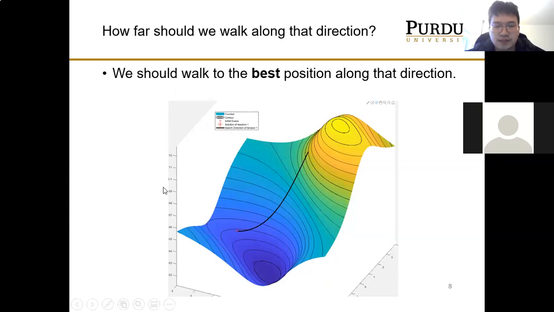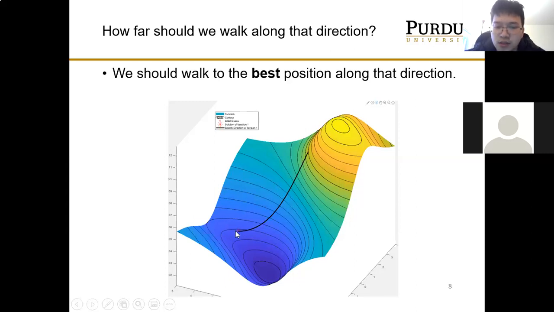But here's a decision you have to make if you want to walk along that direction. You don't want to walk very little, you want to walk somehow very far away, but you don't want to walk too far. For example, if you follow this direction and at this point you continue moving, then actually you are climbing again, right?